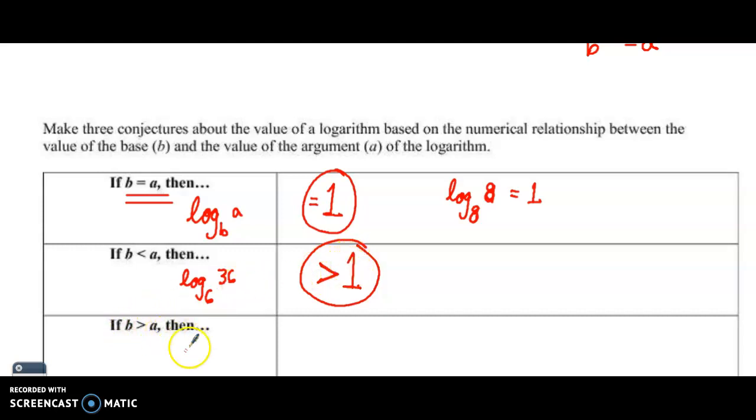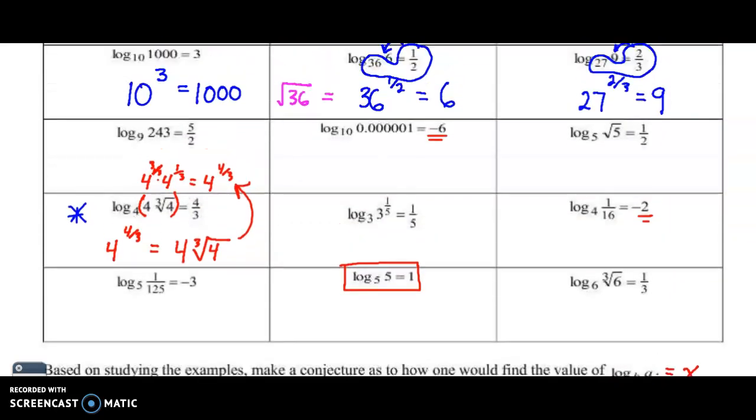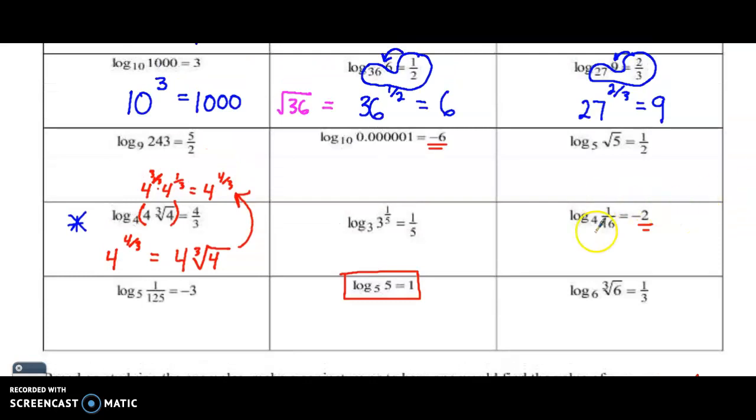And then if the base is bigger than a, that would be an example like log base 36 of 6. And we did that problem. It was 36 to the 1/2 power. And what we care about there is that the answer is smaller than 1. I need to be careful on how I say this as well. Yeah, because even a negative answer is still smaller than 1.